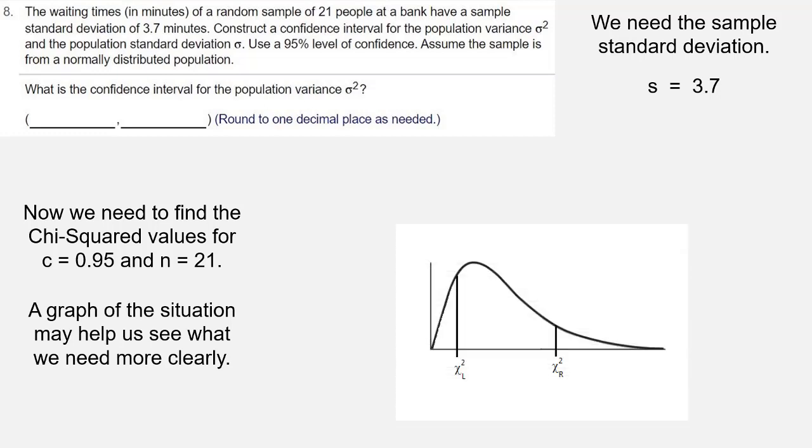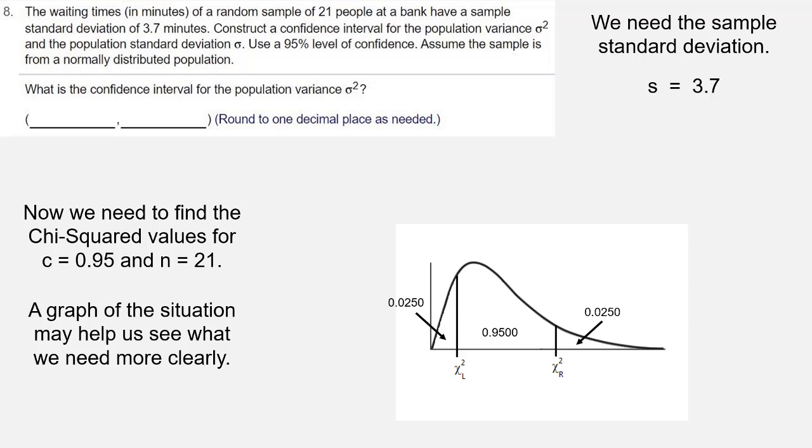So we have our chi-squared distribution, which is a non-symmetric distribution, and we place chi-squared L and chi-square R in such a position that the level of confidence, 0.95, is the area trapped between them, and that the two tails have equal area. So if the area in the middle is 0.9500, that's 95%. That leaves 5% of the total area to be split evenly between the two tails. So each tail will have 2.5%, which is 0.0250.